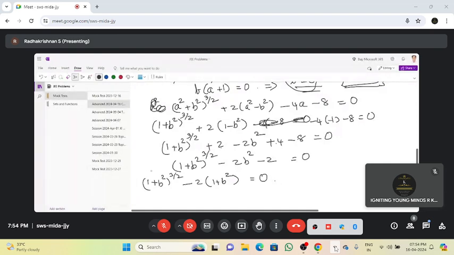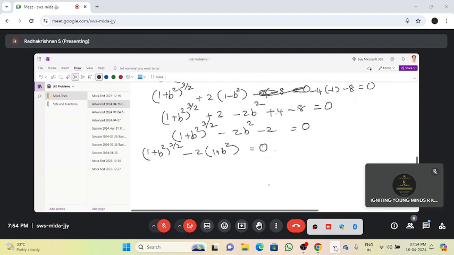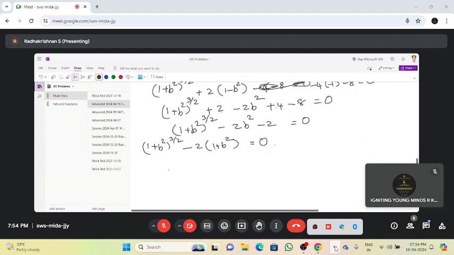Since it is given that b is non-zero, therefore 1 plus b square is non-zero, and we can divide the entire equation by 1 plus b square. So then what will happen? 1 plus b square to the power of half minus 2 equal to 0.